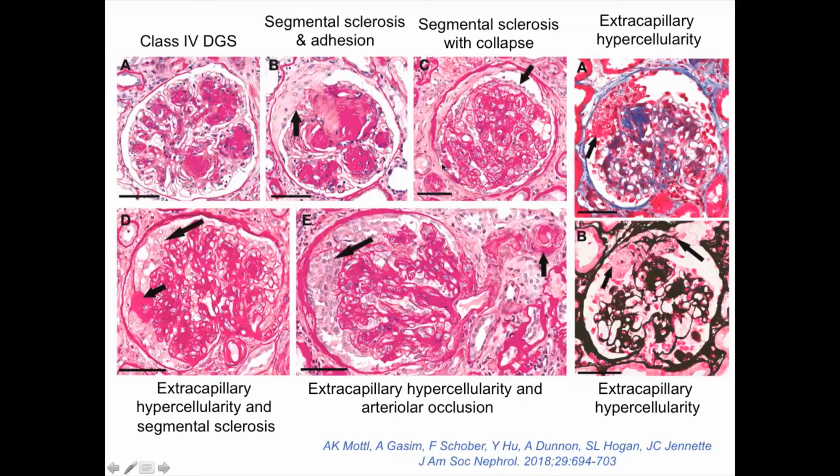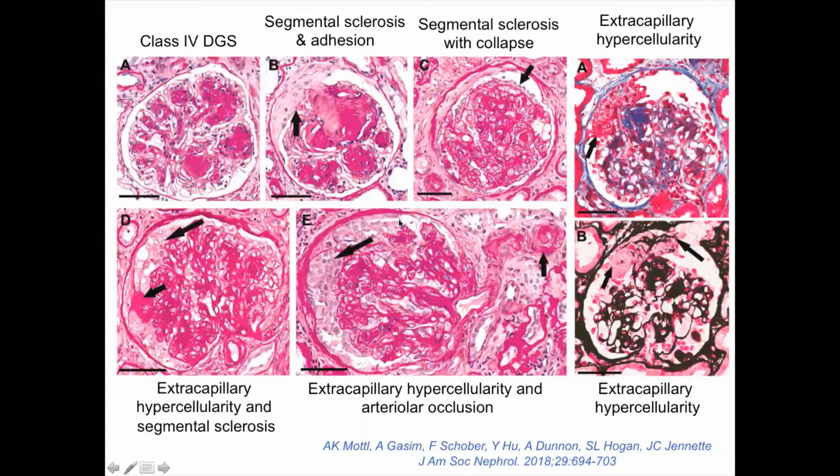Again, we have pseudocrescent formation here, extracapillary hypercellularity, and you can see this is still not fibrosed. The cells are rather activated, and this is the formation of a pseudocrescent, extracapillary hypercellularity.